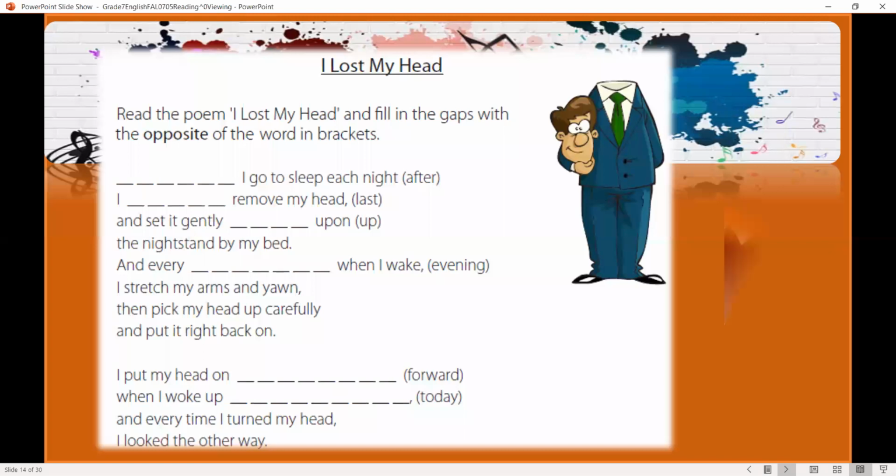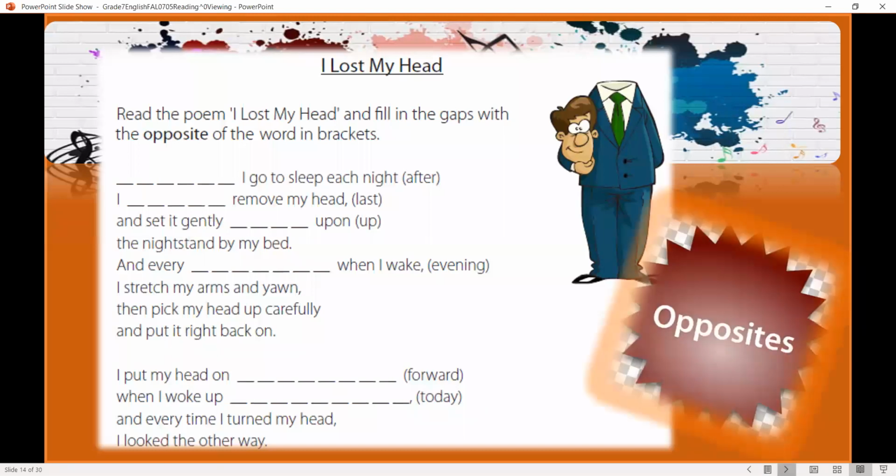Okay, so let's do it with the answer. Before I go to sleep each night, I first remove my head and set it gently on. Oh, that should be down upon the nightstand by my bed. And every morning when I wake, I stretch my arms and yawn and then pick, where's my tongue, it's going cuckoo. Okay, let's try this again.